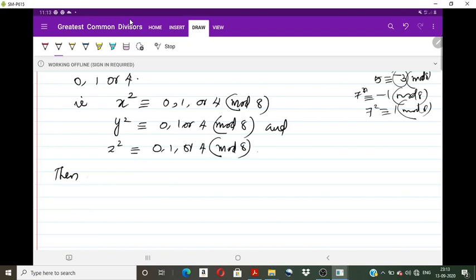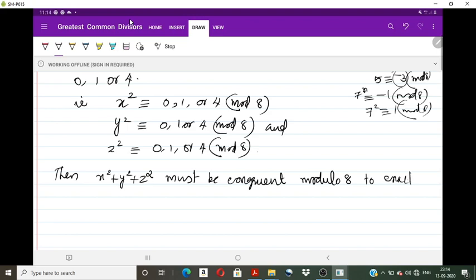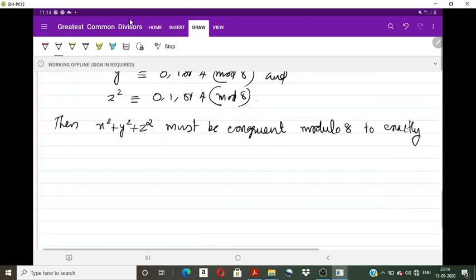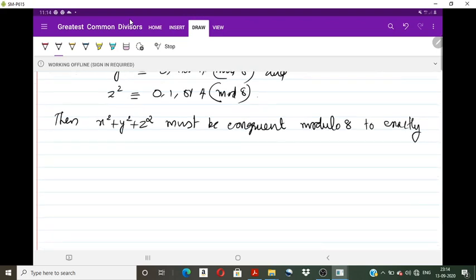Then x square plus y square plus z square must be congruent modulo 8 to exactly one of the sums.